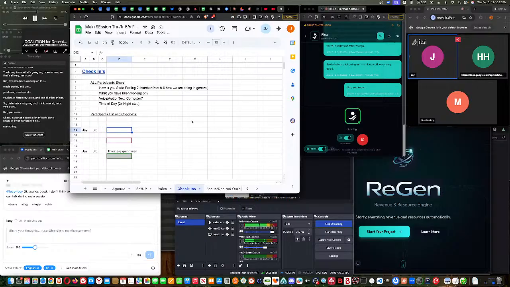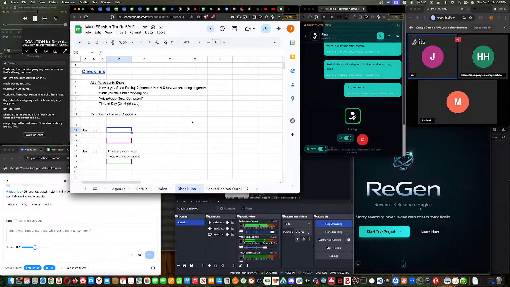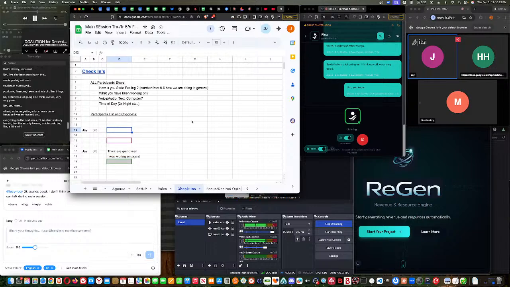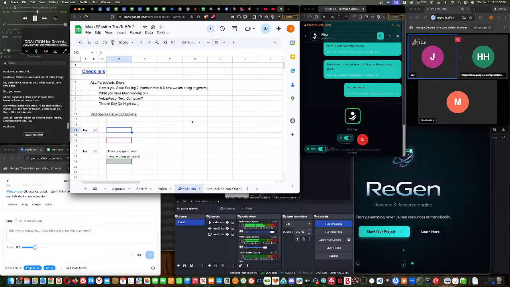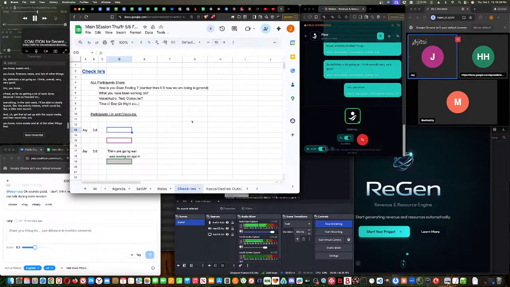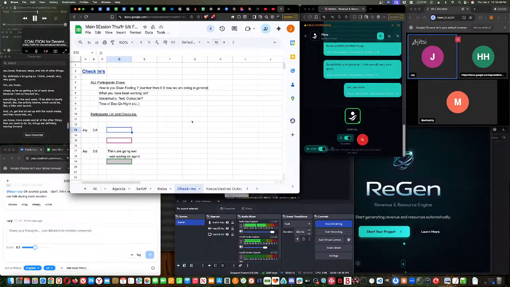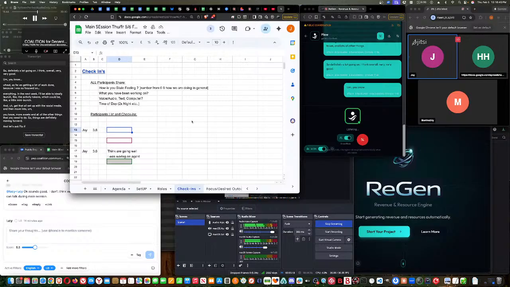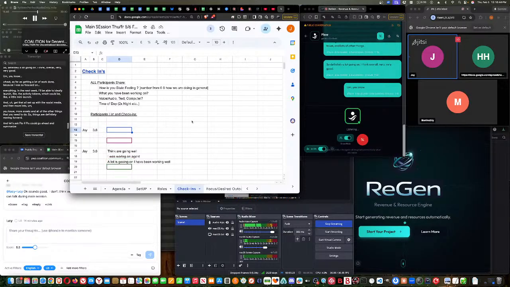In the next week, I'll ideally launch the activity tokens, which is going to be like a little mini launch, and get that all set up with the social media, and then move into more assets and all of the other things that we need to do. So things are definitely moving forward. And let's ask Flo if Flo could go ahead and summarize everything I said.